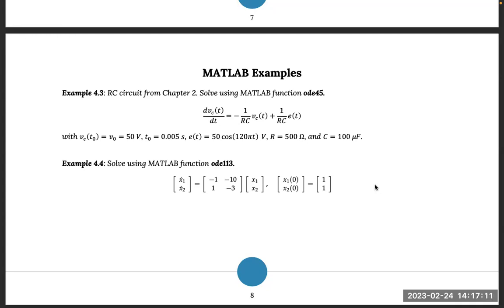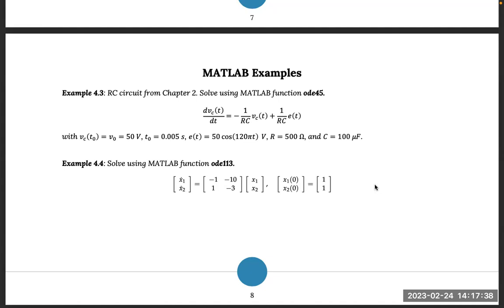We have an input E of t, which is going to be something known, a voltage source, 50 cosine of 120 pi t. And we have the parameters. R is 500 ohms, and C is going to be 100 micro.